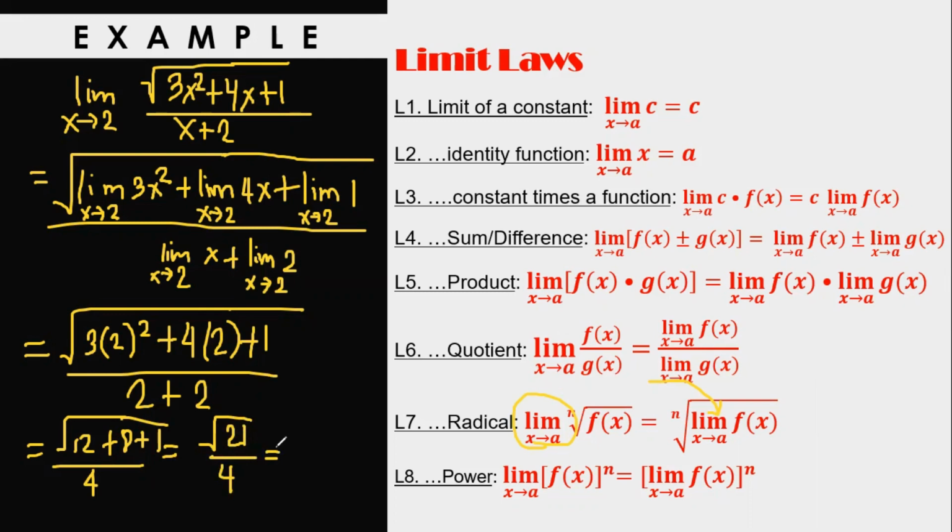And then if you wanted to extract this, you can put it as your final answer, or you can write it in decimal form. So that is approximately equal to 1.46.